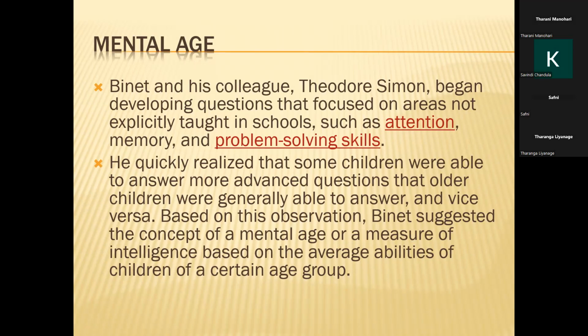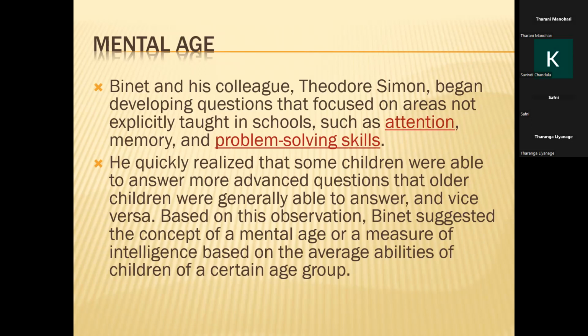And it was the same to the other side also. The child is 8 years old, but not able to answer the questions meant for 8 years. So they are answering like the 7-year-old, 6-year-old children's paper. So that gives evidence to the fact that their intelligence is lower than the average.